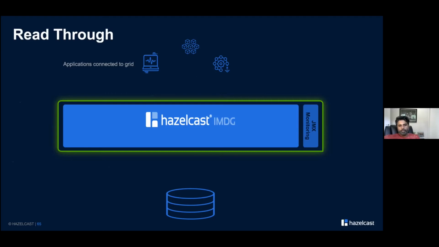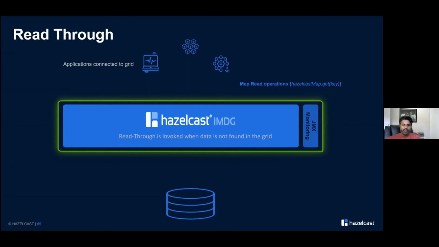And then there is another option of running Hazelcast with a database, which is when an application sends a request to read something from Hazelcast, and the data, let's say, is not found in the cluster, or the cluster is empty. You just started it and did not have hot restart store enabled, so it's a plain vanilla cluster.